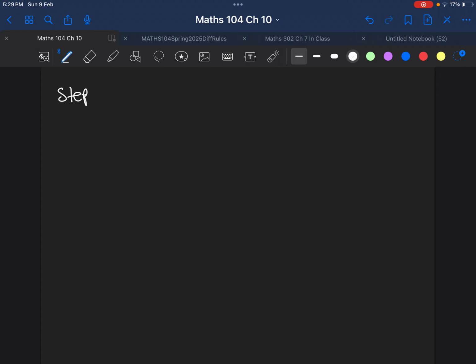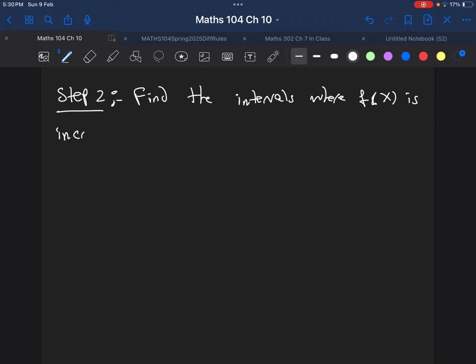So step number 2, find the interval where f of x is increasing or decreasing.